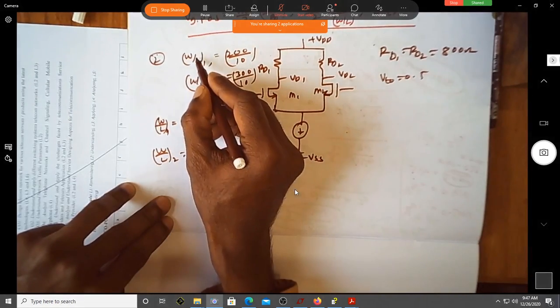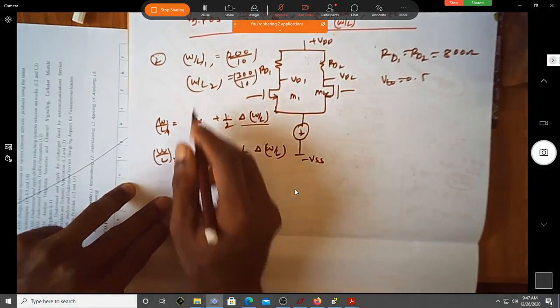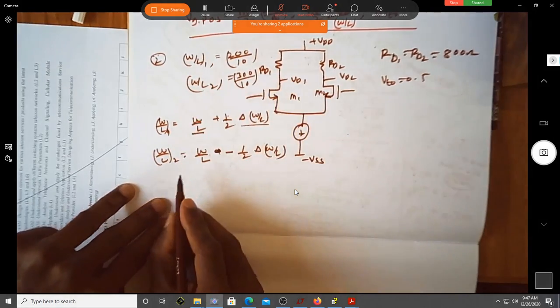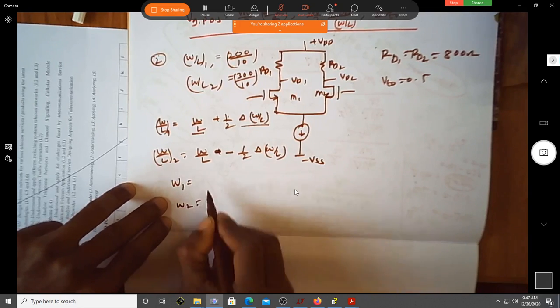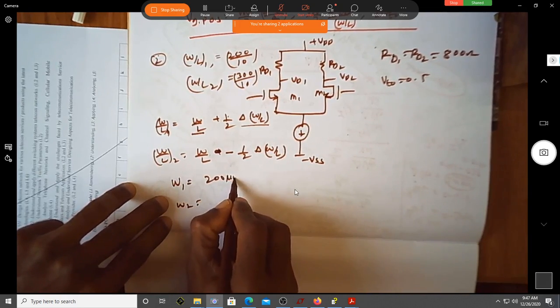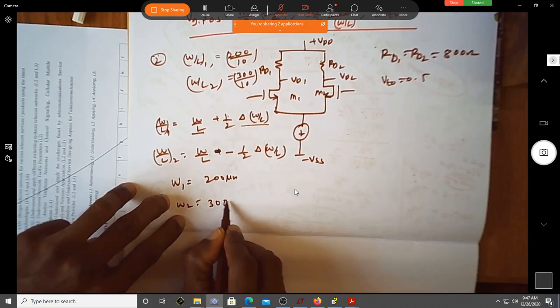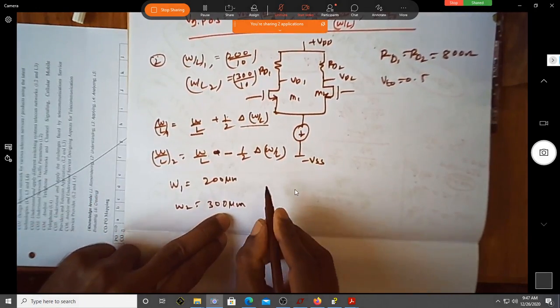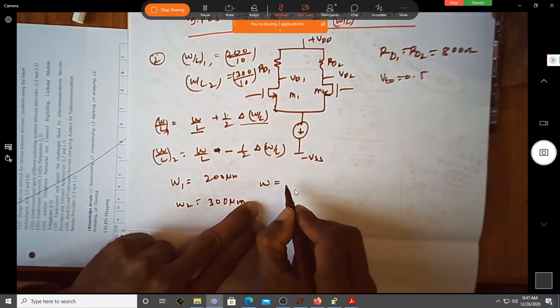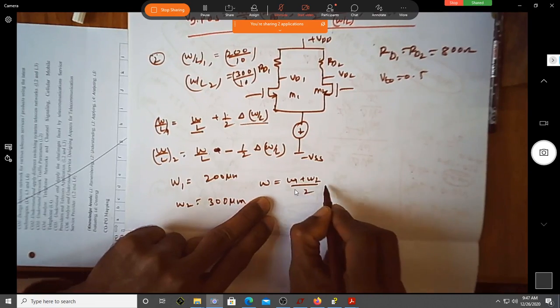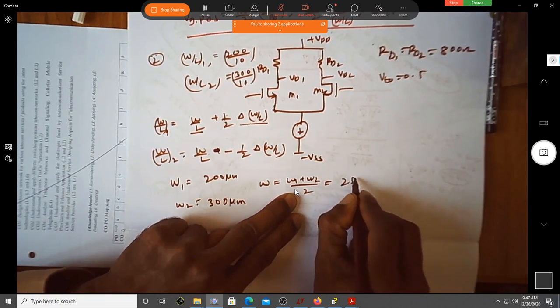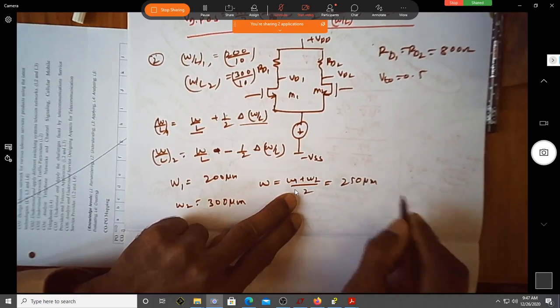So we have W by L of 1 as okay, let us, because L of both of them is same, let us try to find what is W1 and W2, which is already given as 200 micrometer and this as 300 micrometer. Correct? Can we find what is W? So can we just have it as W1 plus W2 by 2, which is equal to 250 micrometer.